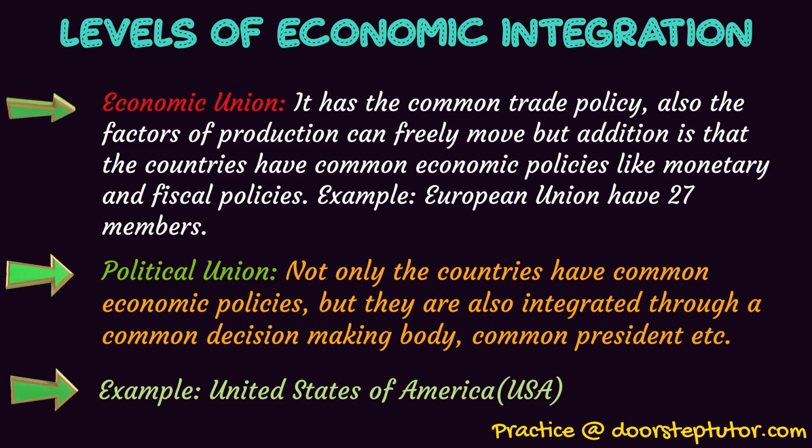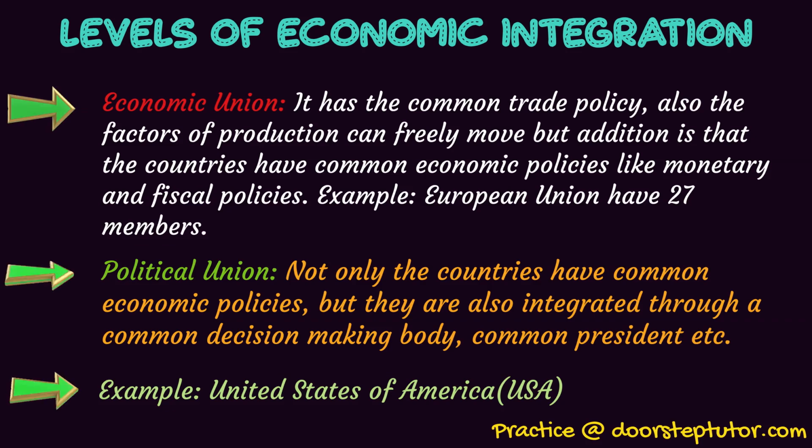Then free trade area, wherein the custom duties are totally removed. The example of this is USMCA, previously known as NAFTA. We also talked about custom union, wherein the tariffs are completely abolished, but there is a common trade policy also between the countries.